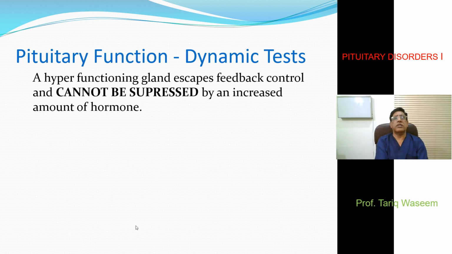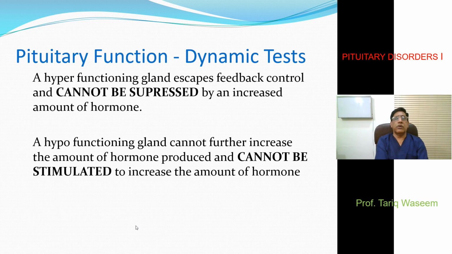So whenever there is an excess production of a certain hormone, suppression of this gland by inhibitory factors is not possible, because the gland becomes autonomous and has lost its control by the negative feedback mechanisms.